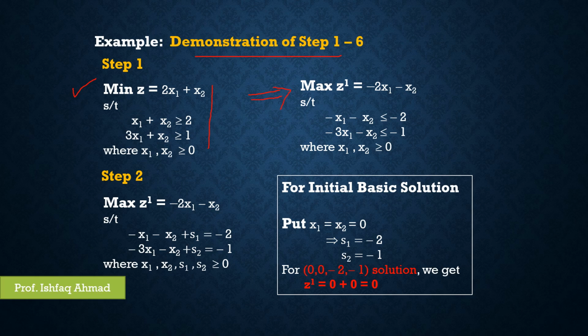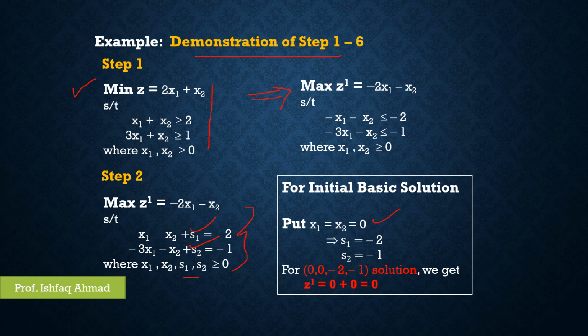And after that, in step 2, we make the standardization of the form, and here we add the slacks in the problem on left hand side with variables s1 and s2, and these variables are restricted and positive. And we find the initial basic solution by putting the decision variables of the problem equal to 0 and finding the solution.